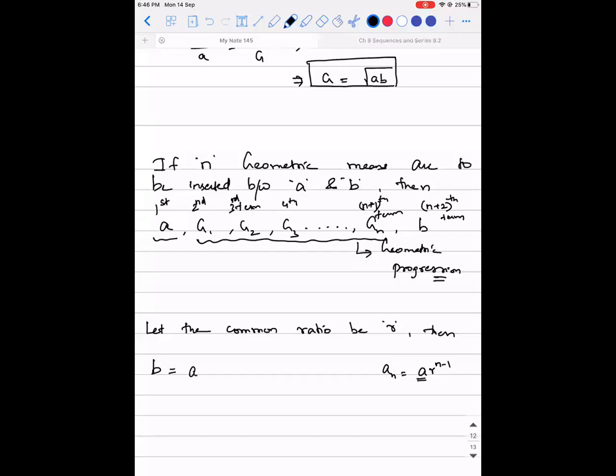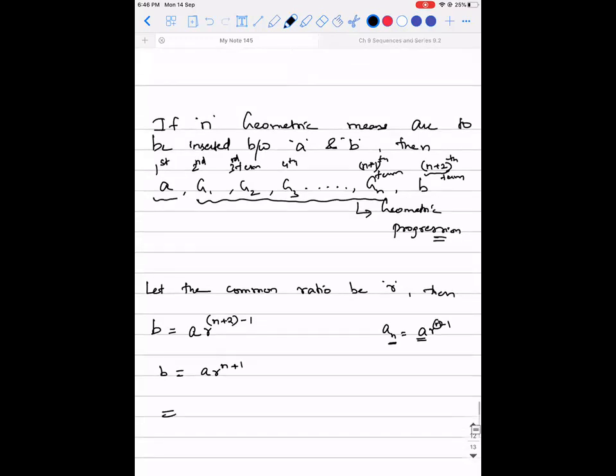So B is equal to the first term multiplied with the common ratio R raised to the power of the term number minus 1. But B is which term? N plus 2. So it will be n plus 2 minus 1. Are you able to understand this point? So AR power n plus 1 is equal to B, which implies R will be equal to B divided by A raised to the power of 1 by n plus 1.